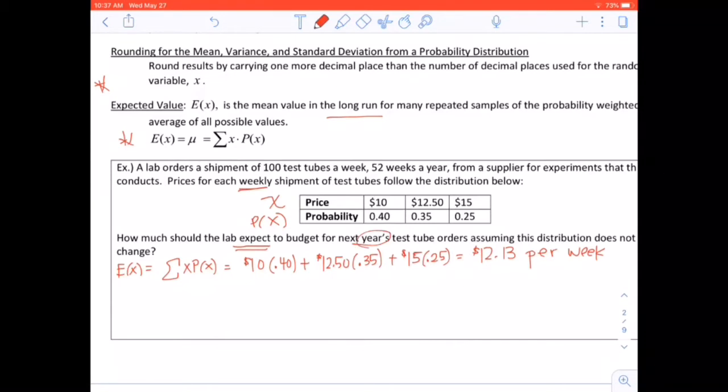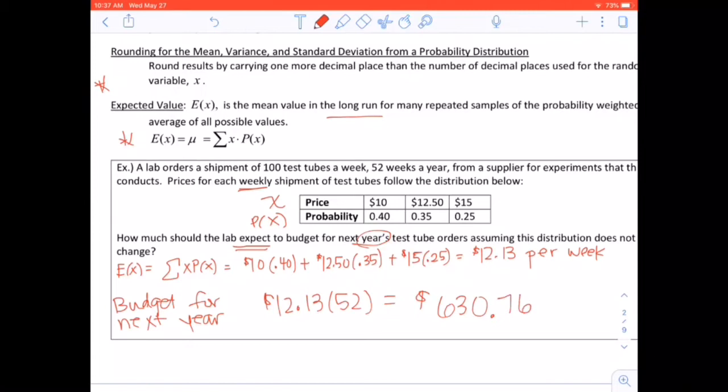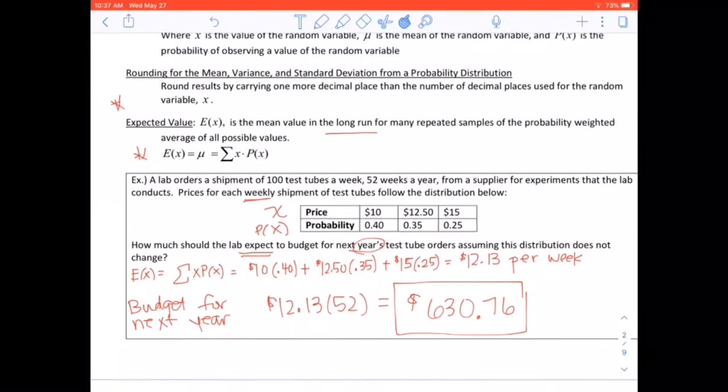So in order to figure out the budget for next year, we're going to take our weekly, which is $12.13, and multiply by 52 weeks in a year. And we get that they should budget $630.76. So this would be our expected value.